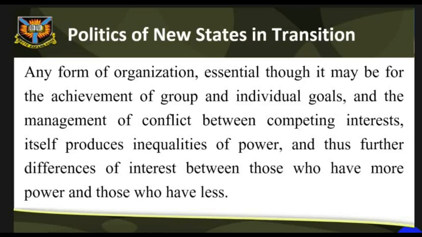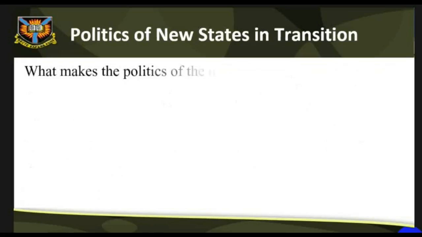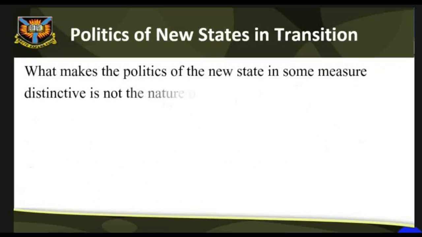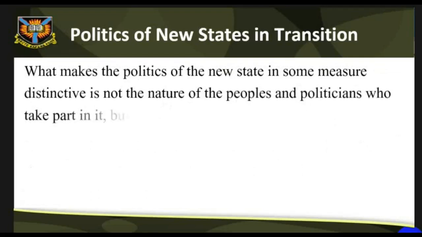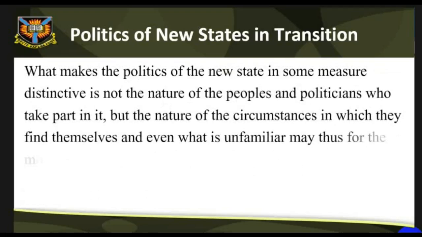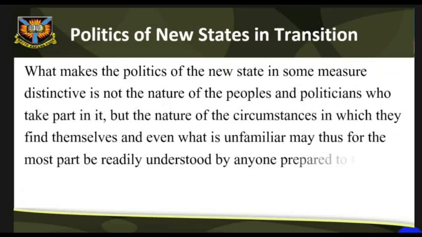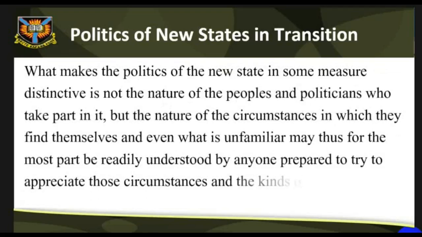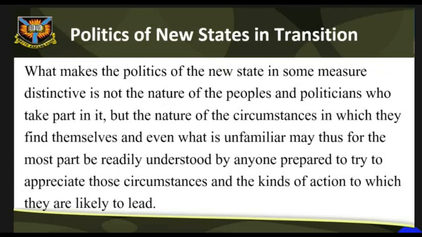Much of what is described in this course as New States politics would therefore be familiar to anyone who is acquainted with the workings of politics in other parts of the globe. What makes the politics of the new states in some measure distinctive is not the nature of the peoples and politicians who take part in it, but the nature of the circumstances in which they find themselves, and even what is unfamiliar may thus for the most part be readily understood by anyone prepared to try to appreciate those circumstances and the kinds of actions to which they are likely to lead.